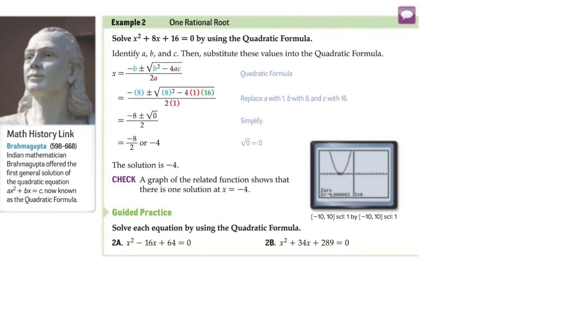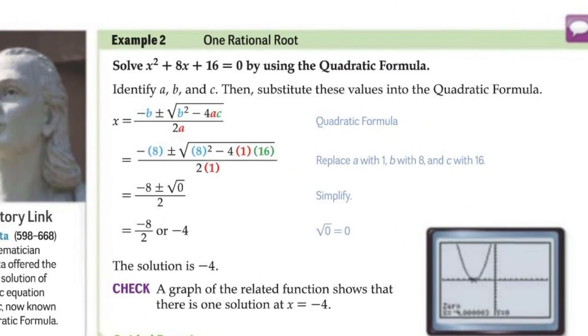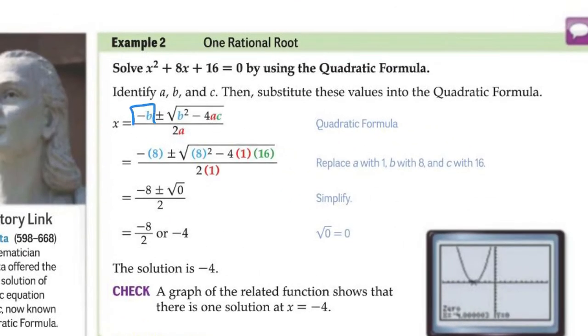Notice that the way the quadratic formula is, you start out with negative b over 2a, which we learned from section 3.1 is the line of symmetry. And then you have this plus and minus, so go to the right and go to the left by the same amount, as it should, because the quadratic function is symmetrical.